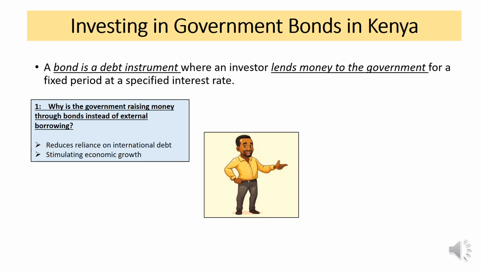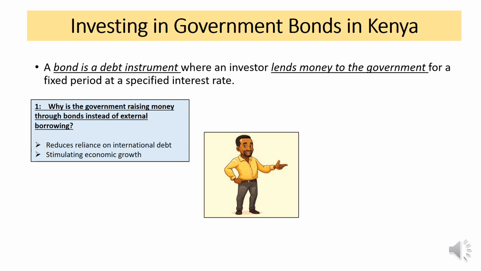And the second reason is a government floats a bond to stimulate economic growth. This is to mean that without floating a bond, on a normal day, we usually see a lot of Kenyans earn decent salaries, run very successful businesses, but then after taking out the net earnings, where do they take the money?